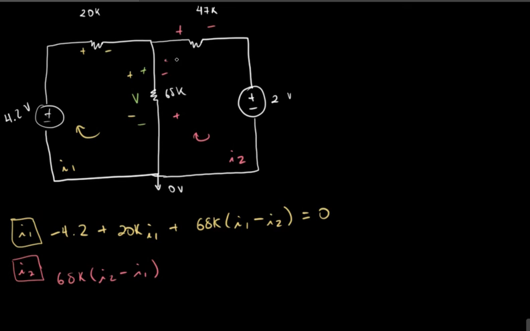Next element is here. The current comes through here, plus 47K times I2, and the last element in this, as you can see, it's entering the positive and exiting the negative, which is in accordance with our passive sign convention. Plus 2 volts equal to 0.